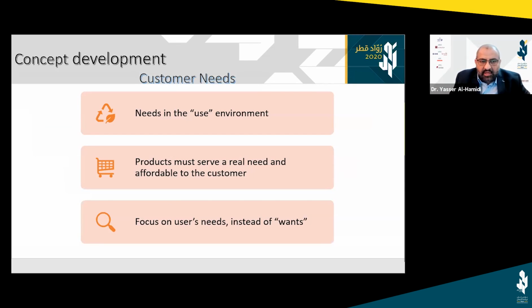We are talking again about customer needs here, and you need to understand also that customer needs are independent of any particular product. A lot of entrepreneurs, when they go to the customers and start eliciting their needs about a specific product, get confused with collecting these customer needs.